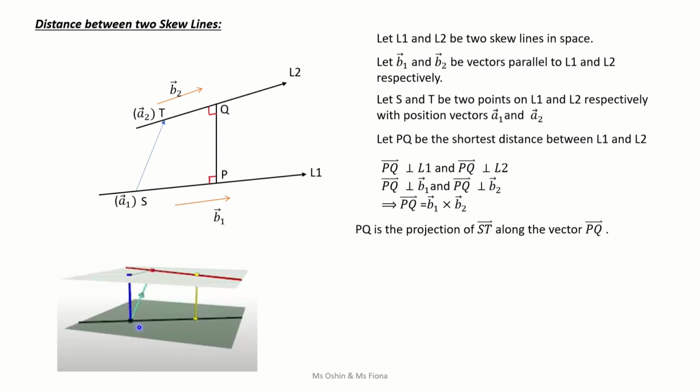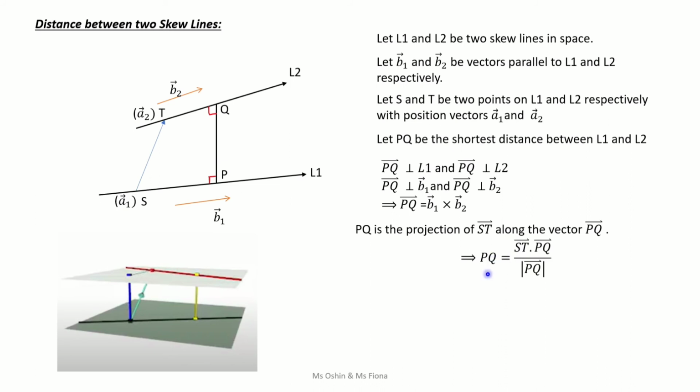So, now using the formula for projection, we get PQ is equal to ST vector dot PQ vector divided by magnitude of PQ vector. PQ vector, we already know, it is B1 vector cross B2 vector. ST vector can be written as OT vector minus OS vector.